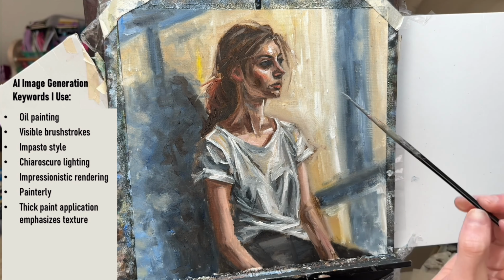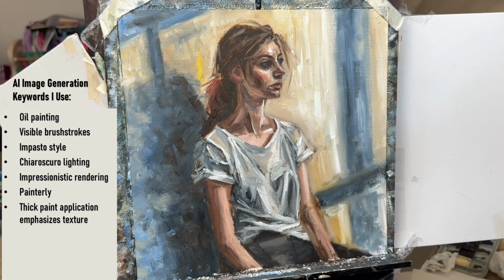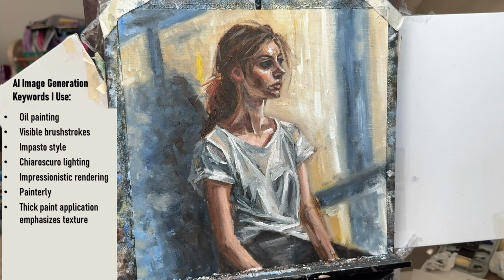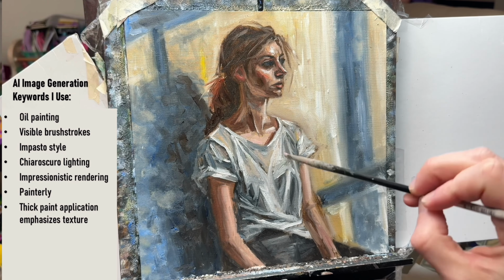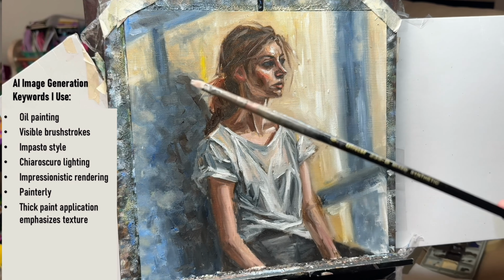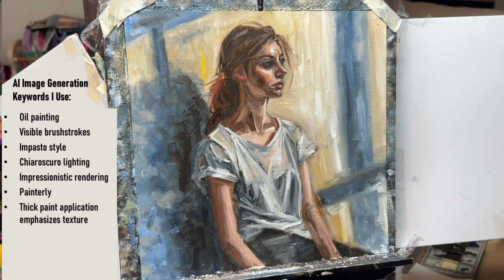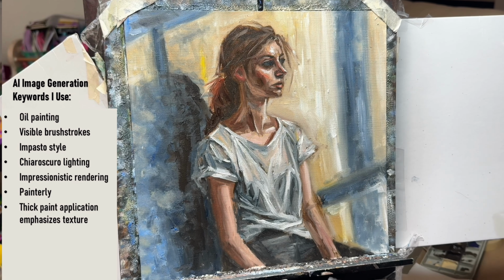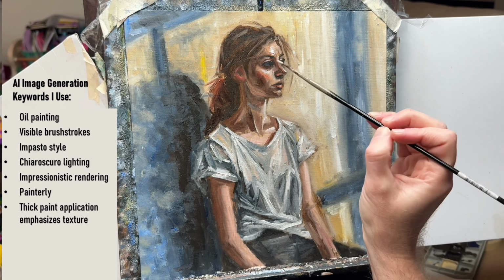Impasto, what I mean by that is just thickly applied paint. And you'll see that in a lot of impressionist paintings, like Monet's Water Lilies painting. That's one where you can see that thickly layered paint. You can get a sense of where the light is, where the area of color is.